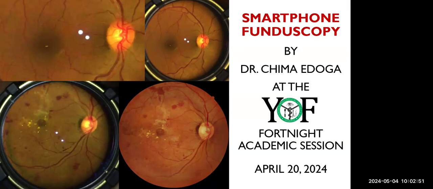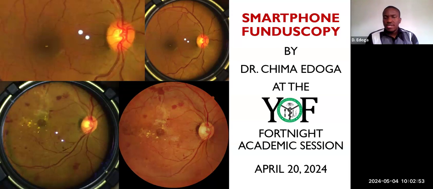Okay, so for you to use an app, you have to turn on the app, because apps don't work automatically. So with the Volk indirect, you just turn it on, and then the light comes on automatically on its own. Then you either do manual focus or you do autofocus. Me, I prefer to do manual focus. I prefer to do manual exposure.